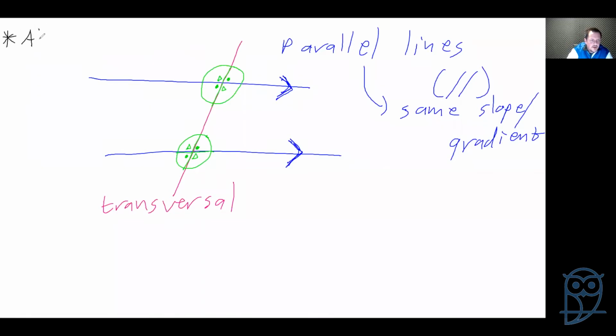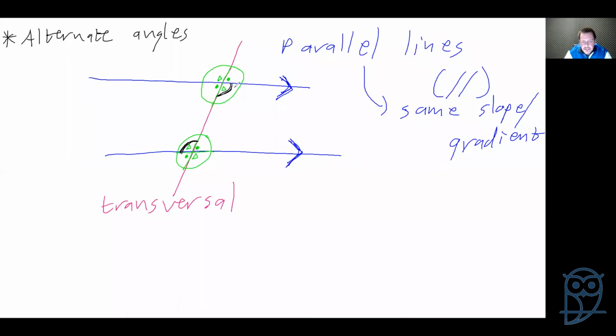So we have alternate angles. So alternate angles are when you have an angle here and an angle here. So it is essentially the opposites. So remember, corresponding angles, same side of the transversal and same side of parallel lines.